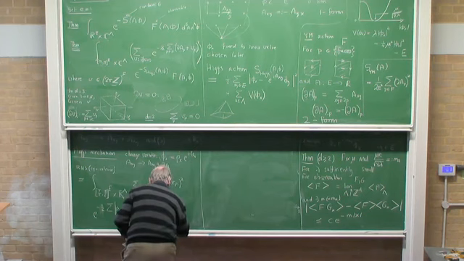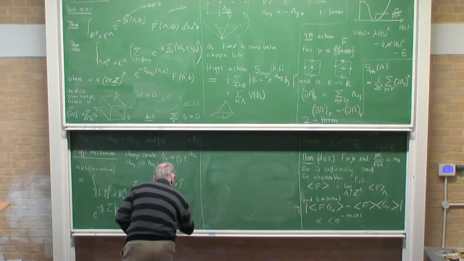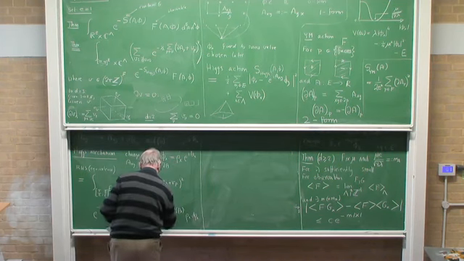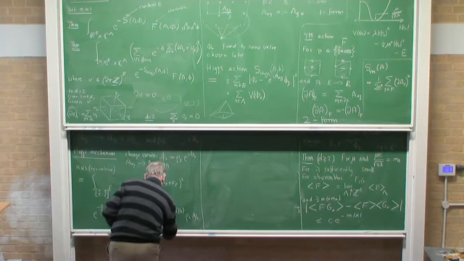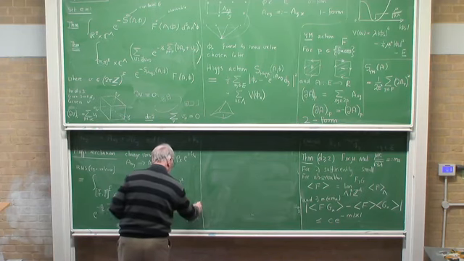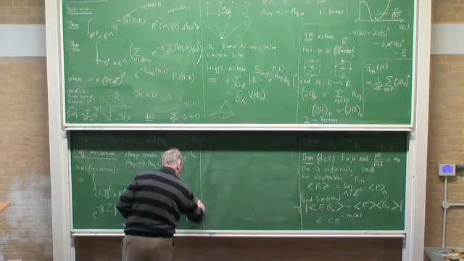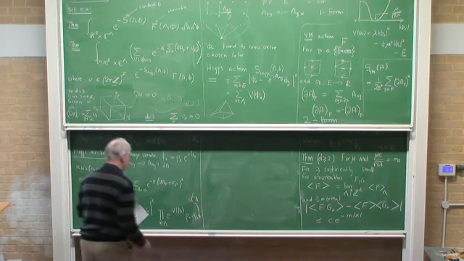There's an e to the minus v of rho x d rho x, as well as the integral over the gauge field, which I have to squeeze in here.